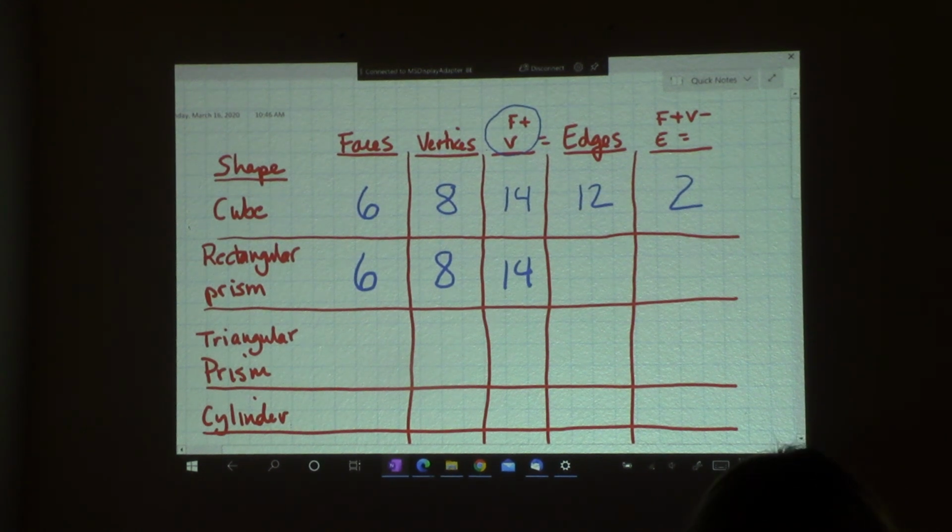Now remember, the edges are all the way across. So the toothpicks on the edges of the rectangle only count for one edge. So the total is 12. And when I subtract 14 minus 12 again, I get 2.